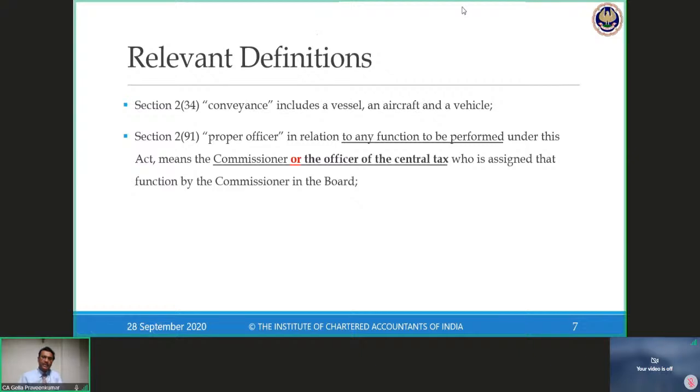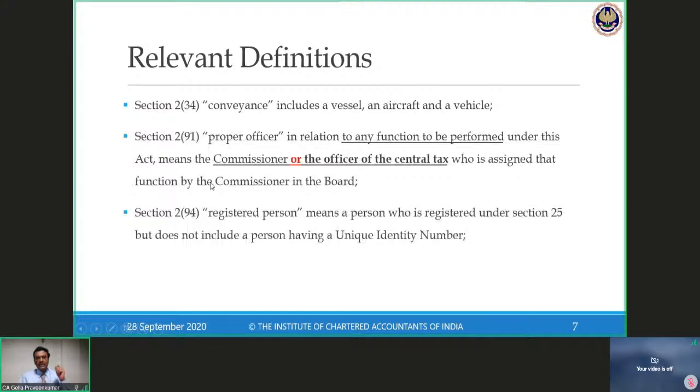So anyone appointed under the GST law as an officer of central tax should be considered as your proper officer, who is assigned that function by the commissioner. There is a commissioner who assigns the authority to an inspector, to a superintendent. Then that particular inspector or superintendent shall be considered to be a proper officer under this act. Equally, the same provision gets parallelly applied to my state GST law also.